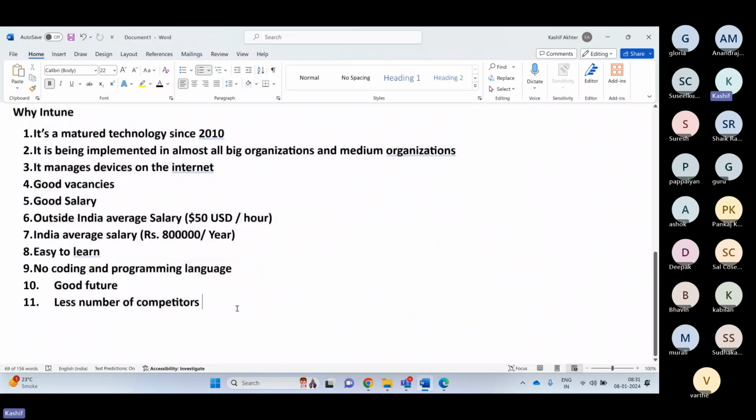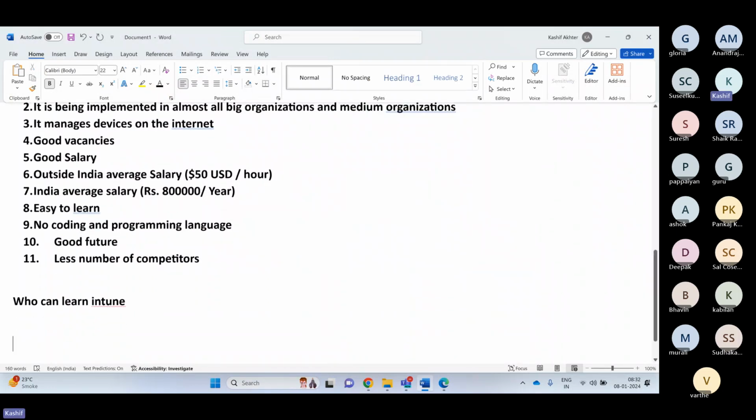Who can learn Intune? Anyone from IT background. If you are from IT background, like from desktop support team or help desk support team, or if you are from server team, right, you will be able to easily learn Intune.